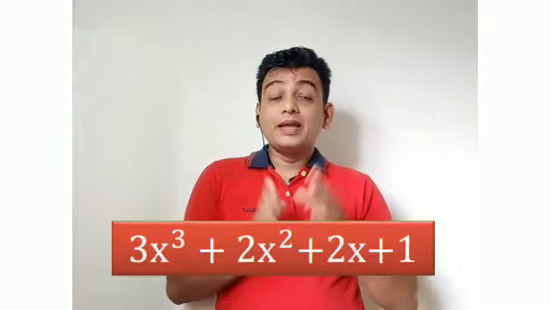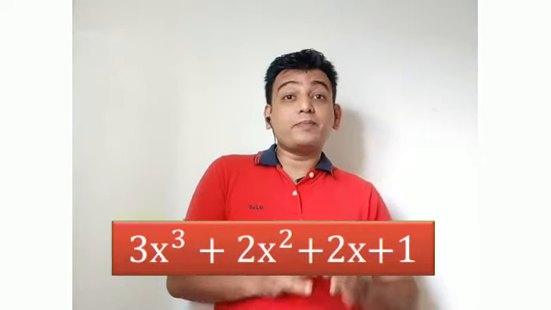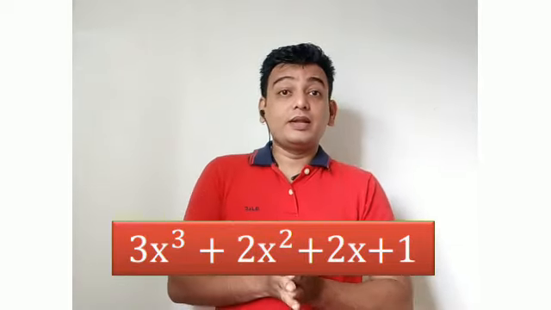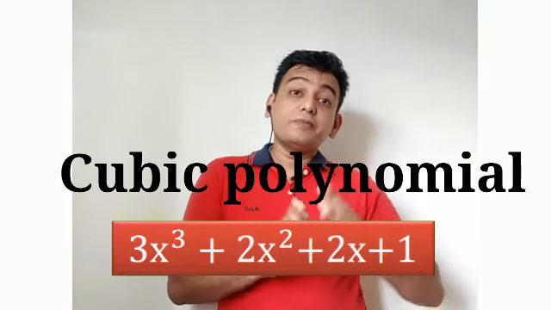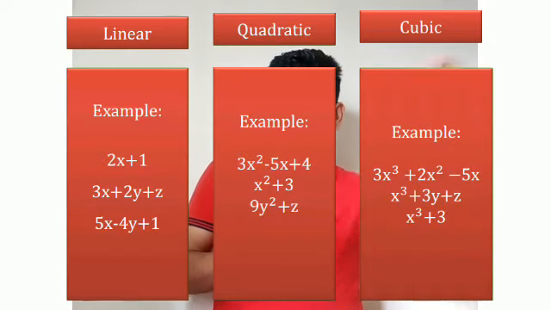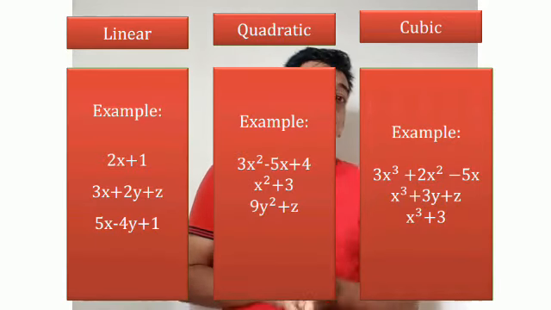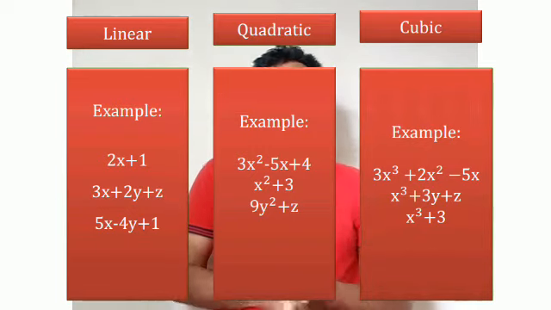For example, 3x cube plus 2x square plus 2x plus 1. This is our cubic polynomial. And if the degree of your polynomial is 4, 5, 6, 7, 8 and so on, you can say that it's just a polynomial.